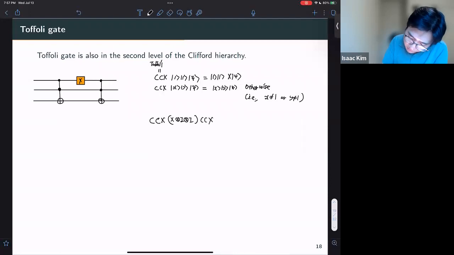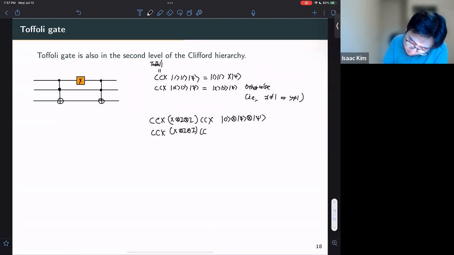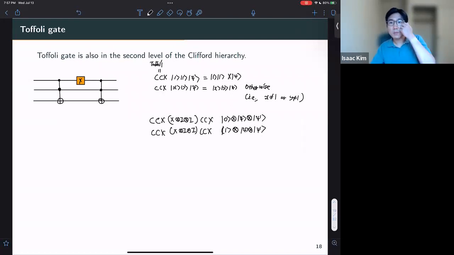And then I would just write down this expression for 0 psi prime and 1 psi prime, where psi prime can be any arbitrary state. So you do this and you can just see what happens.